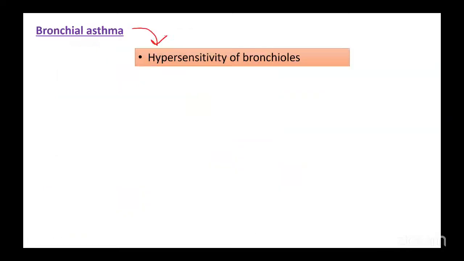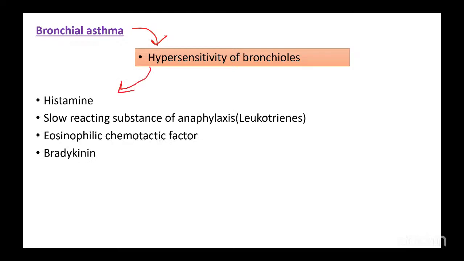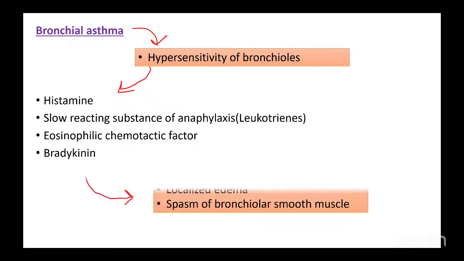So it's all a sort of obstruction. This obstruction is mainly affecting your expiration. Hypersensitive bronchioles in reaction to certain substances like histamine, slow reacting substance of anaphylaxis, bradykinin, and eosinophilic chemotactic factors can all result in edema and spasm.